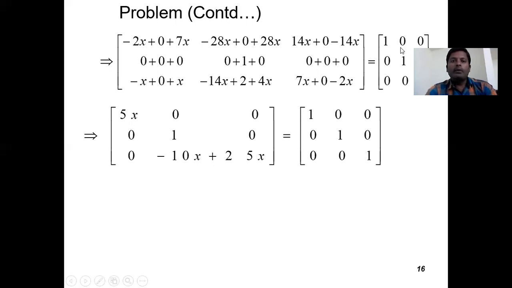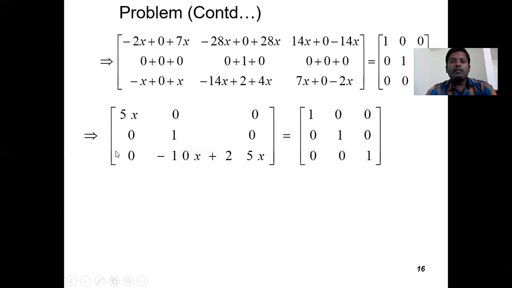Okay, we get the final result. Here minus 2x plus 0 plus 7x, we get 5x, and minus 28x plus 28x will cancel. The remaining element is 0. Here also the same, 14x minus 14x gets cancelled. The remaining value is 0.